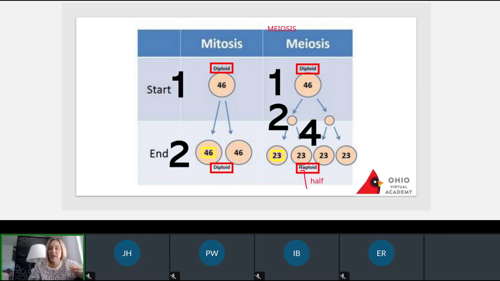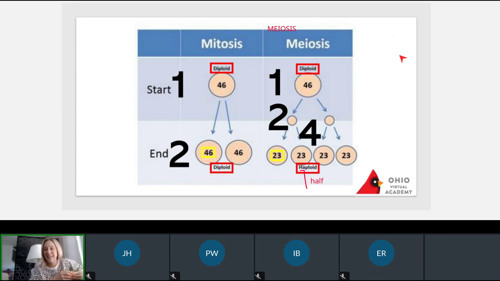Does anyone know of any of those just off the top of their head? Anybody know? You know what? Autism is actually not it. It is an inherited thing, but it is not something that we can see in your DNA, if that makes sense.